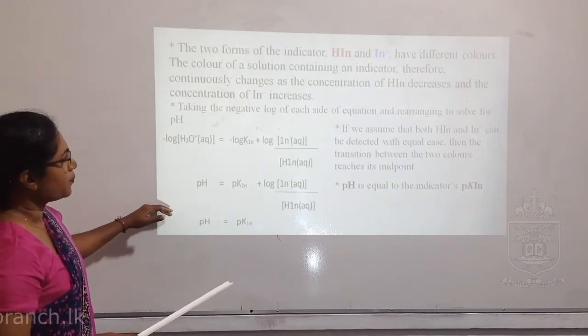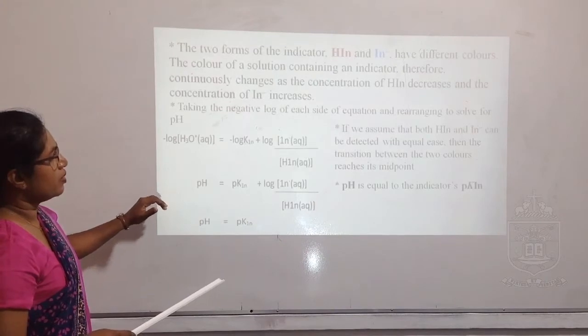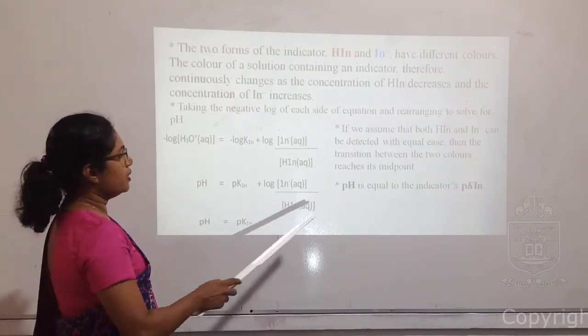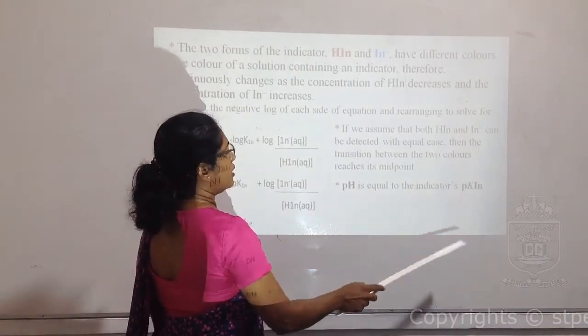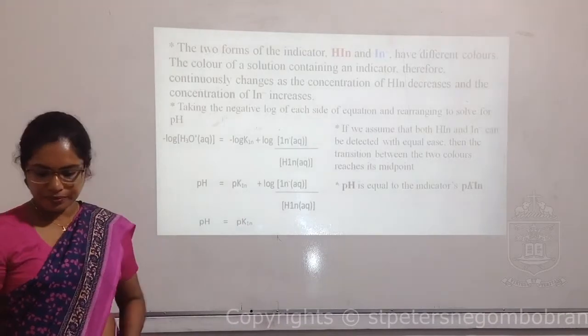So this is the midpoint of the equivalence point, and pH is equal to the indicator's pKIn value.